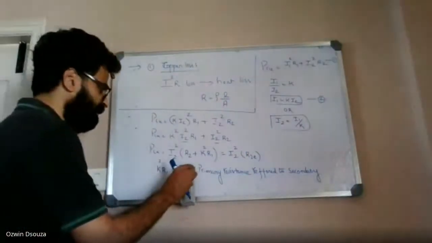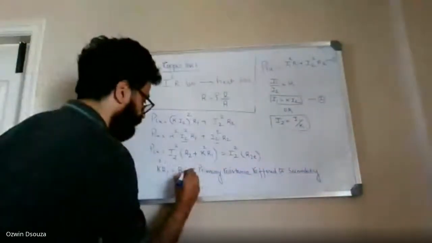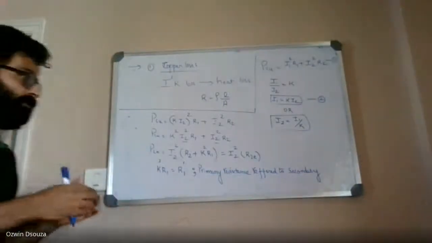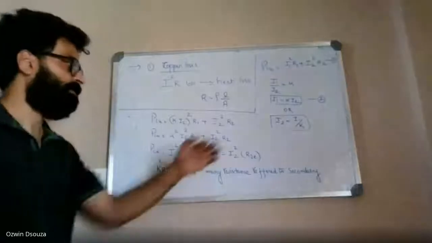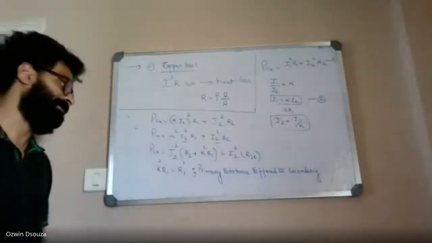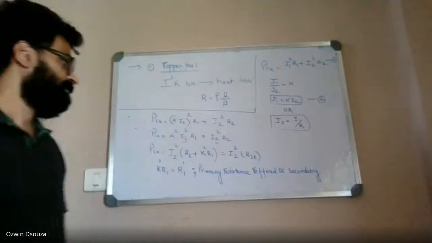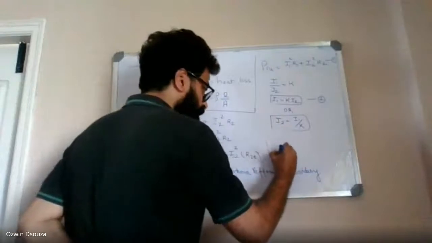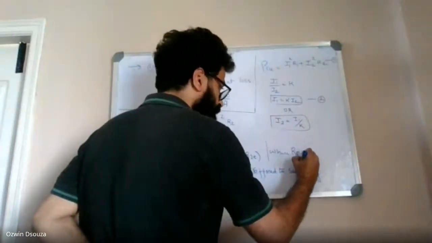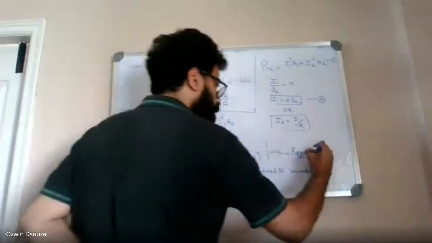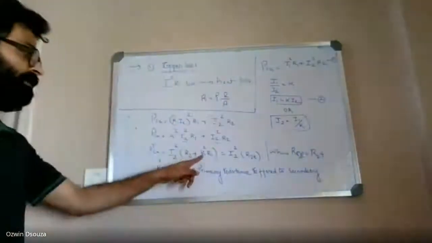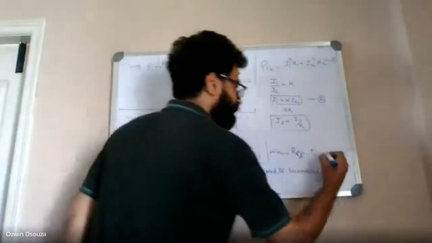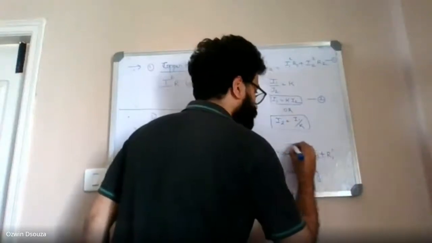Or instead you can take this one as R1 dash. Let's use the subscript R1 dash so that we don't collide with R2E terminology. So put together, you can take I2 square into R2E, where R2E is R2 plus K square into R1, which we have taken as R1 dash, which is primary resistance referred to secondary.